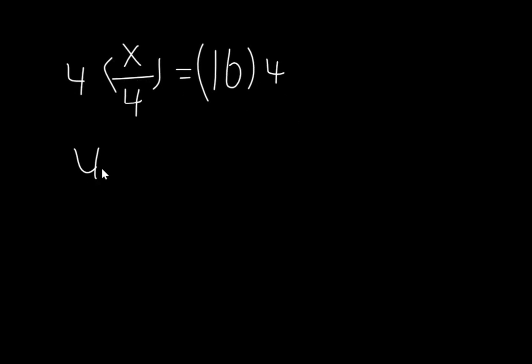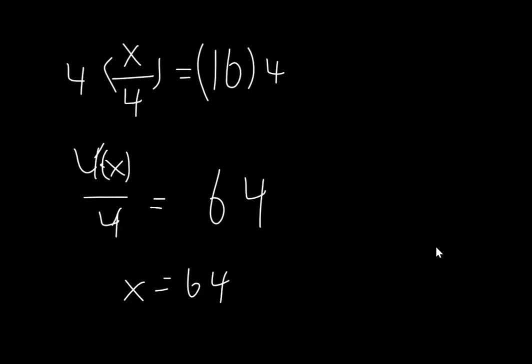You get 4x divided by 4. 16 times 4 is 64. Here, we can see that 4 and 4, since they're being multiplied, cancel out, and we get x is equal to 64.